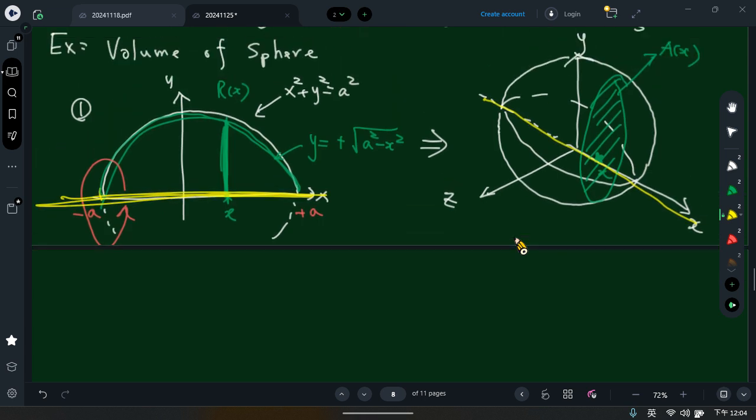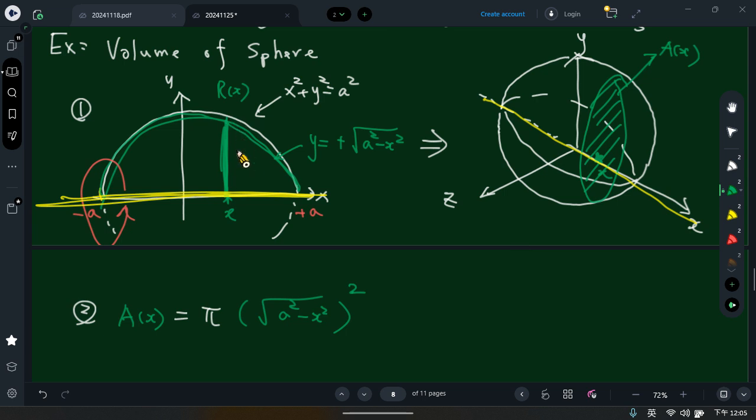right? So A of x, this is the first part. The second part is that A of x should be pi times the square root of a squared minus x squared, squared.